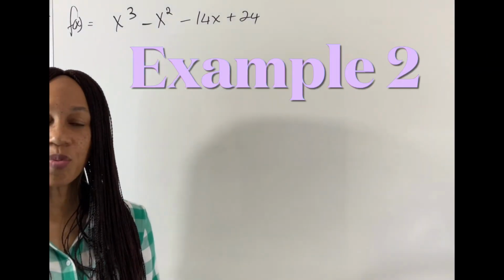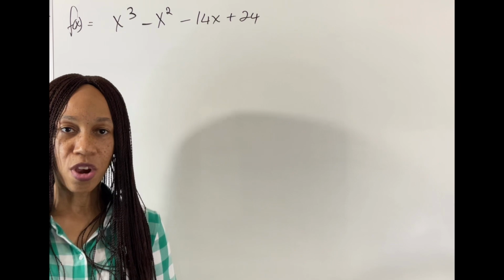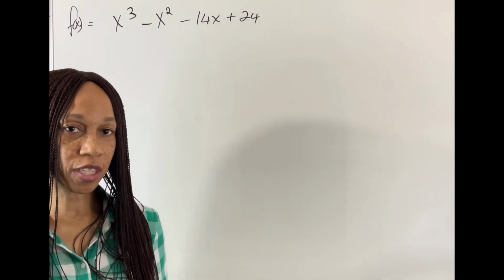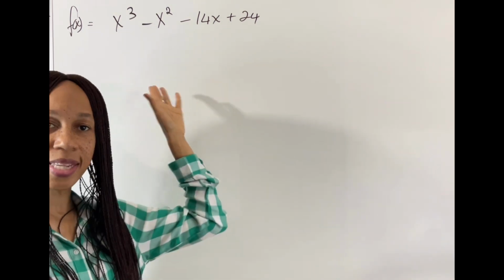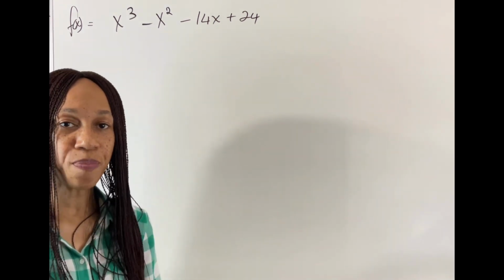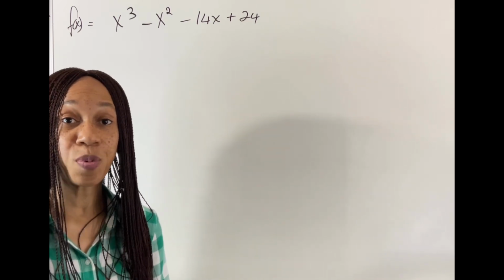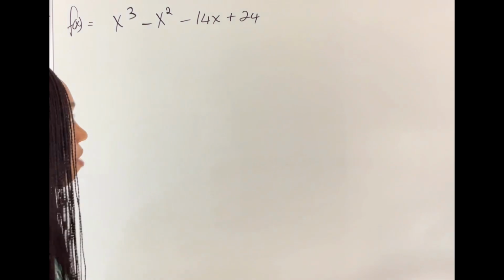So in this case, we are given the polynomial x to the third power minus x squared minus 14x plus 24. Since the highest exponent in this polynomial is to the third power, we are going to end up with 3 rational zeros. So let's get right into it.